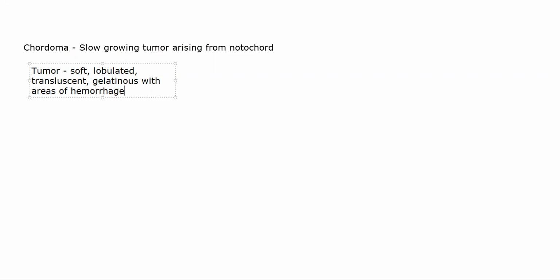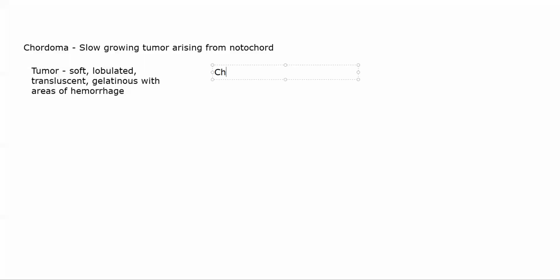Microscopically, if you look into the chordoma itself, you will see different types of cells. Those cells will be physaliferous. Physaliferous का मतलब है they will look like vacuoles. ठीक है? They'll have a vacuolated appearance.